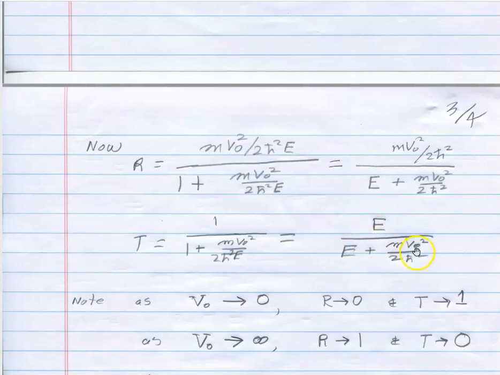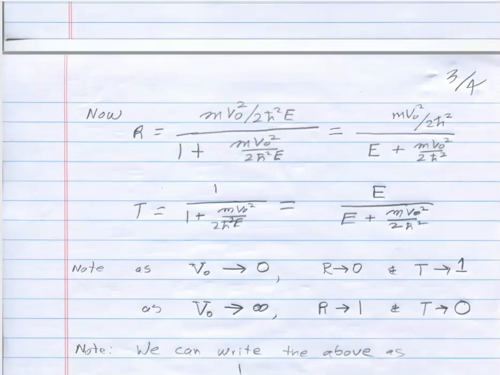As V naught gets larger and larger, in fact goes to infinity, then I get a constant over infinity, and T goes to 0. And likewise, as V naught goes to infinity, this constant E is negligible compared to an infinite term, so ultimately I can ignore that. Then in the limit as V naught goes to infinity, I get that R is 1.